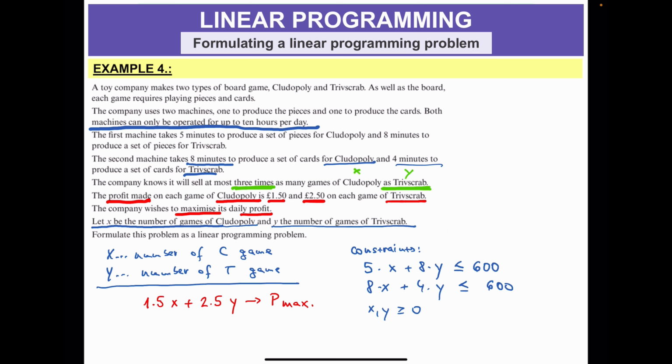That means x must be less or equal to 3y, because x must be at most 3 times as much as y. Okay, so those are the constraints for these problems, and then I have the whole problem defined.